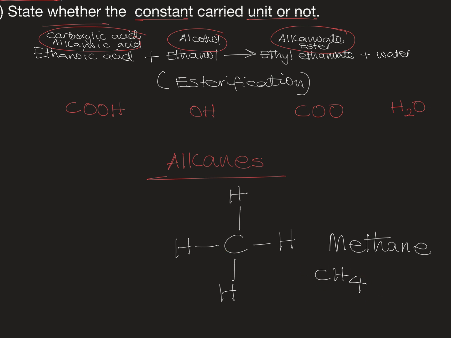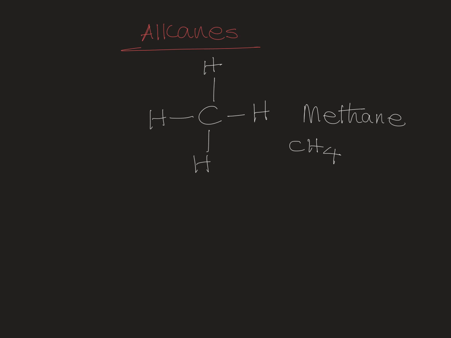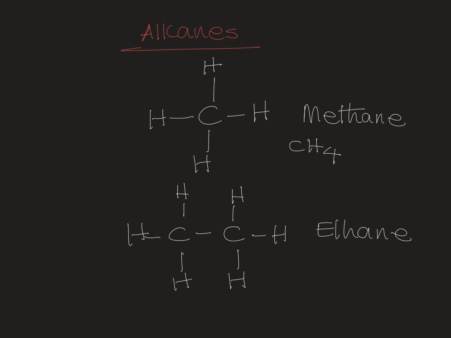Another example of alkanes is the one that will have 2 carbons, and this is called ethane. It always will have ANE because you have only one single bond. These are called the alkanes.